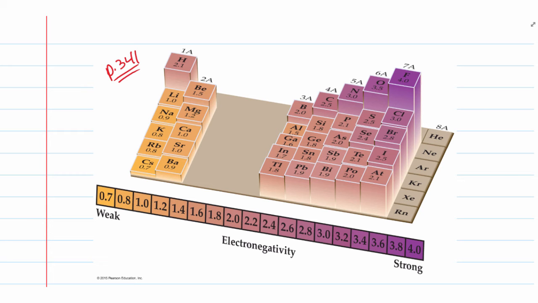And the lesser the value, the lesser its attraction for shared electrons. So again, big values, big attractions, little values, little attractions. And it should be no surprise when we talk about ions... now remember, this is more important when we talk about covalent bonds.